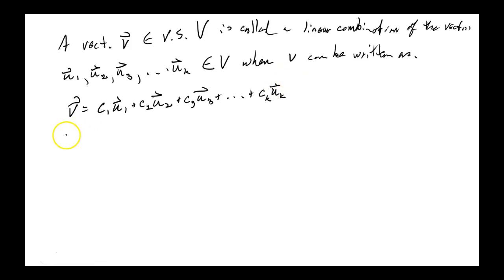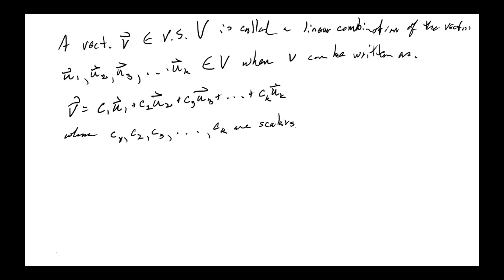Where C1, C2, C3, dot, dot, dot, up to and including C sub K are scalars. What does that mean?